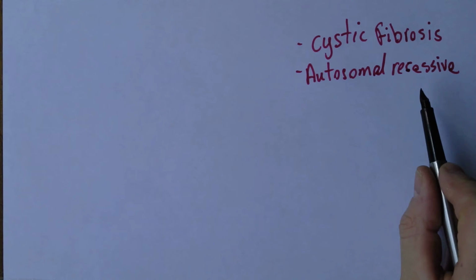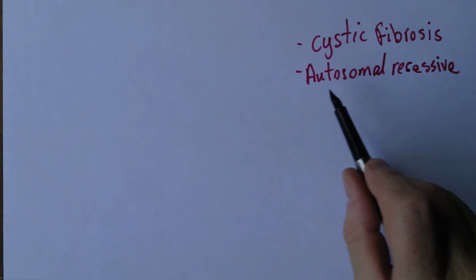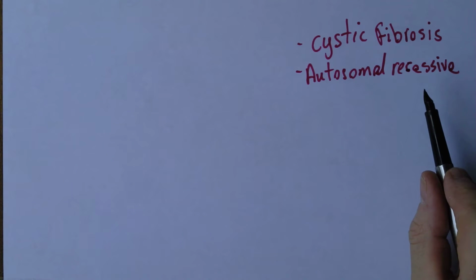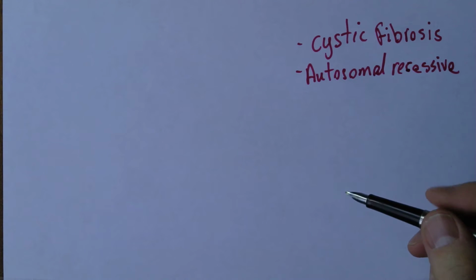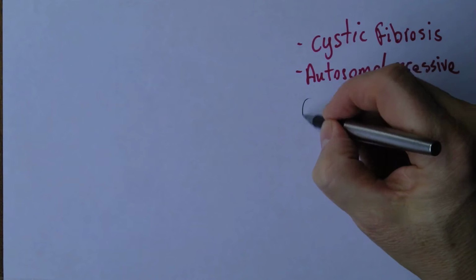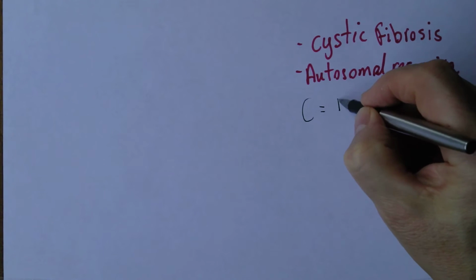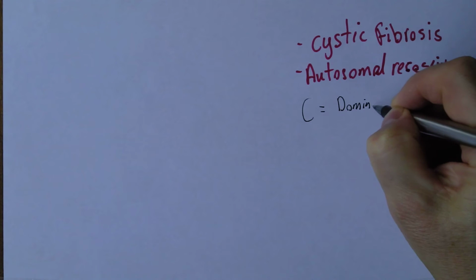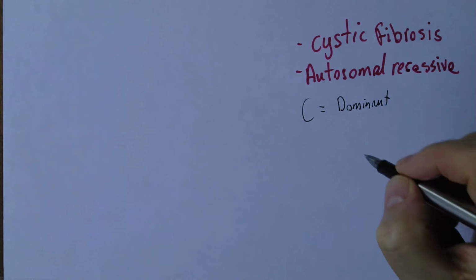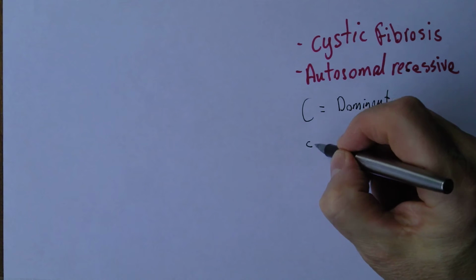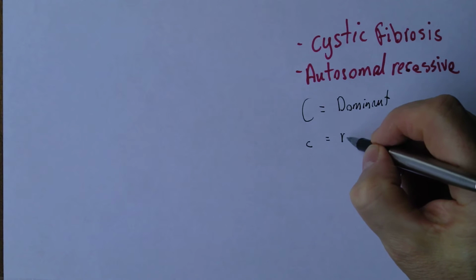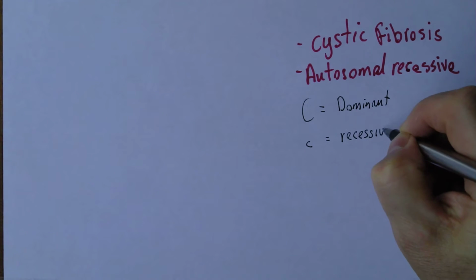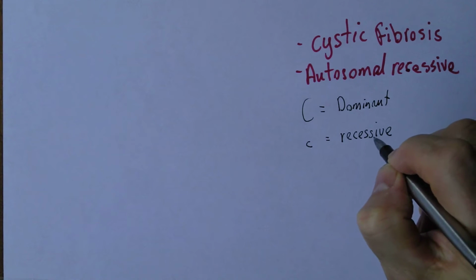Now, cystic fibrosis is a classic and indeed a very good example of autosomal recessive inheritance. So the normal gene, which will give a big C, is dominant. The cystic fibrosis gene is recessive, which will give a small c.